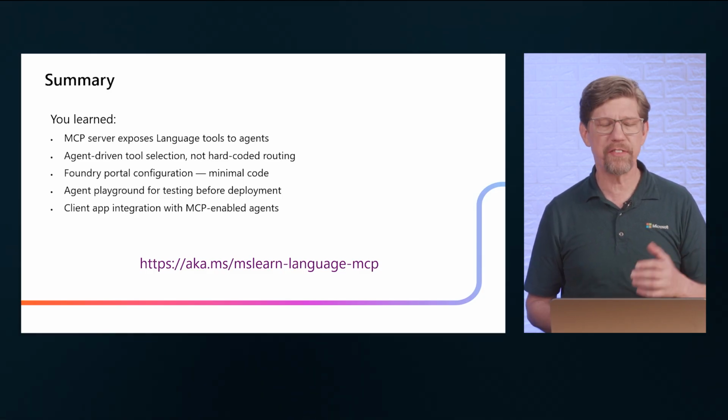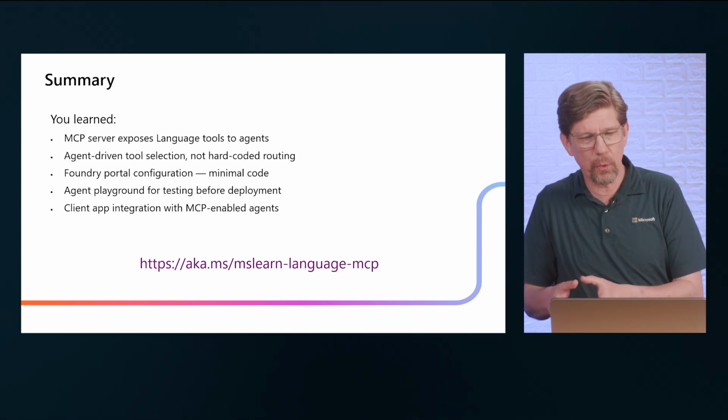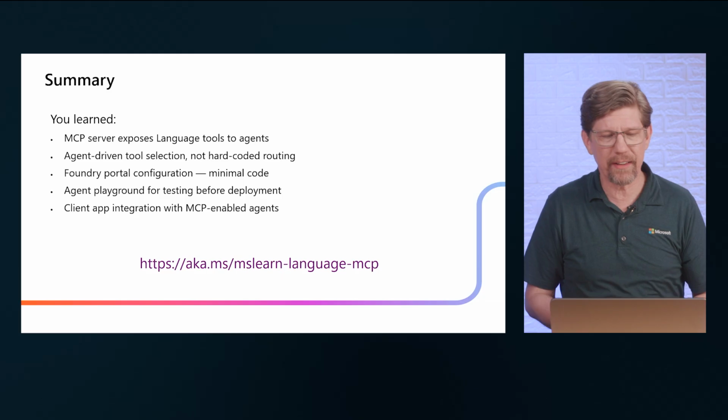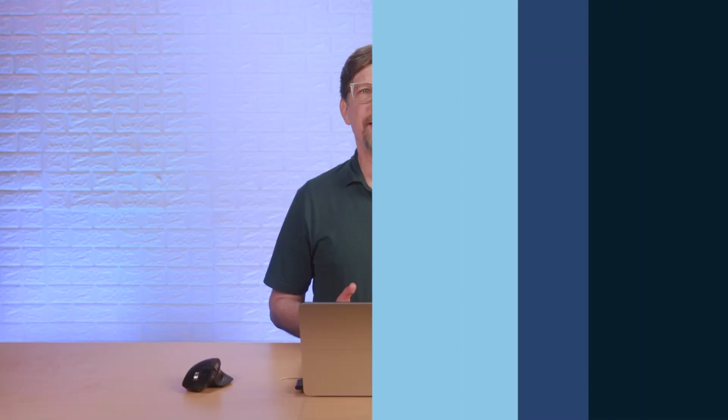There's a little bit of configuration inside of both the portal and your agent, but it doesn't really take a lot of code to make that happen. In this session, we plugged language skills straight into our agents over MCP. We understood the language MCP and connected to it, and we demonstrated it.